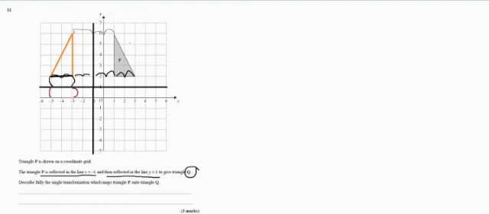One, and then draw the point. And here we have 1, 2, 3, 4, 5.